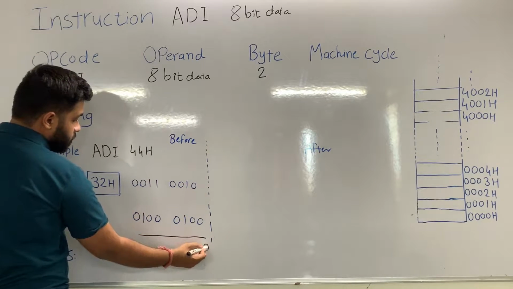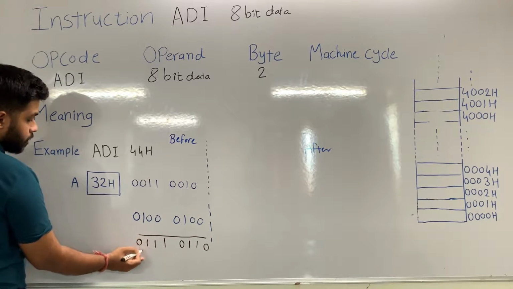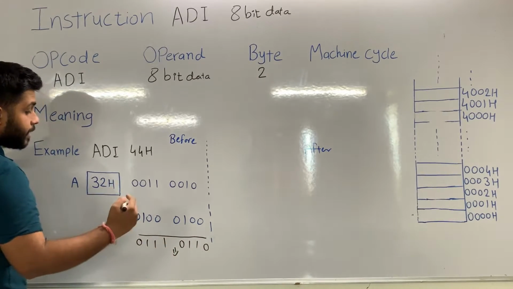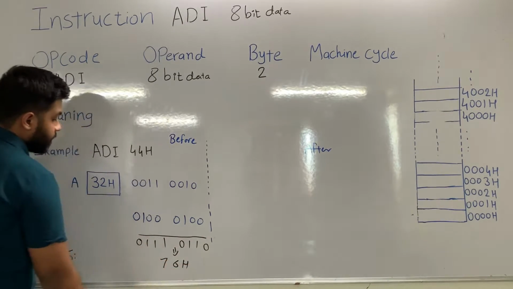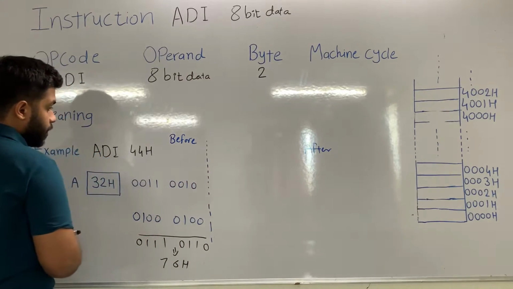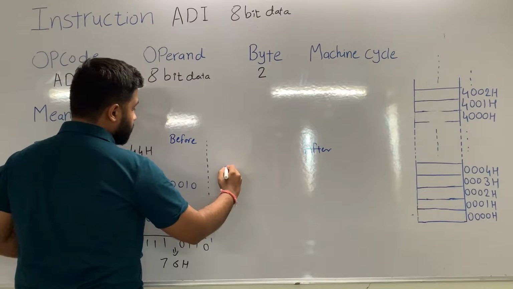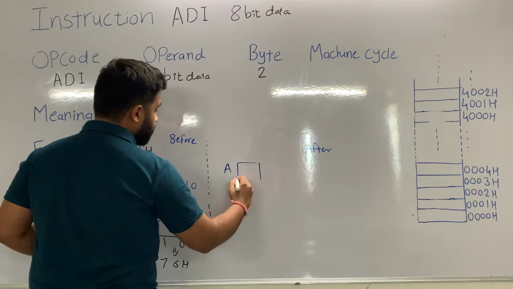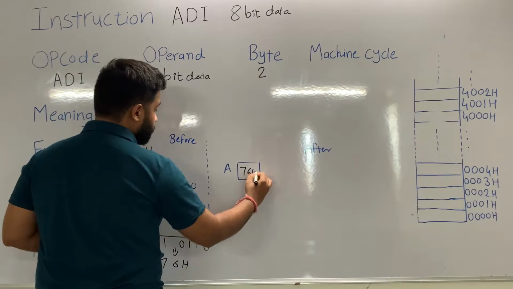Let's add this number 0, 1, 1, 0, 1, 1, 1, 0. If you convert this number into hexadecimal, you will get 76H. So this 76H will be stored in the accumulator after the execution.